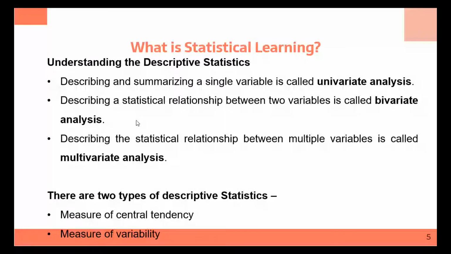For example, I have a variable called time, and I have a variable called speed, and I want to know whether these variables have a relationship. Is there any relationship between time and speed? Okay. I'm just giving you parameters which are known, that we understand, to make a relationship between.